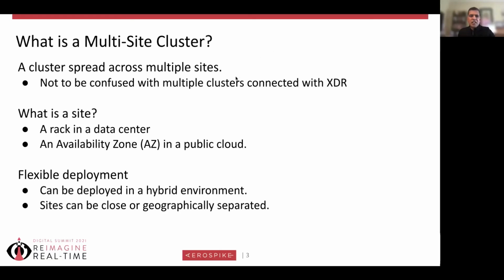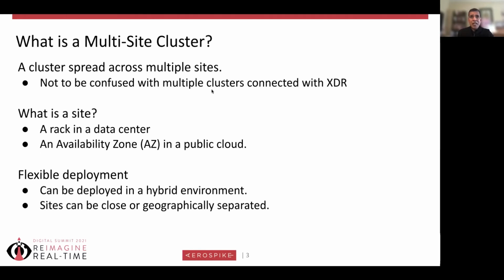What is a multi-site cluster? A cluster is a set of server nodes, and a multi-site cluster is a cluster whose nodes span multiple sites. So this is not to be confused with the setting where you have multiple clusters coordinated with the XDR protocol. XDR is the protocol that synchronizes data across multiple clusters. There are two key differences.